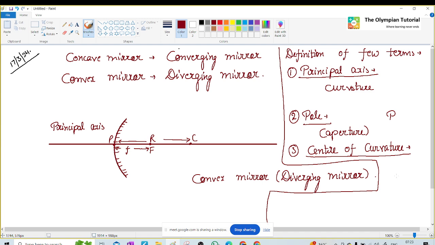The center of curvature of a concave mirror lies in front of it.